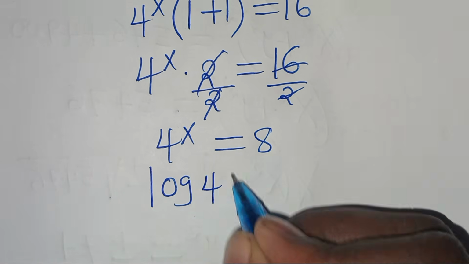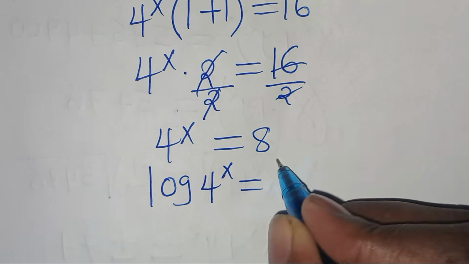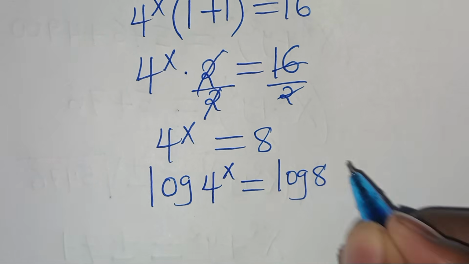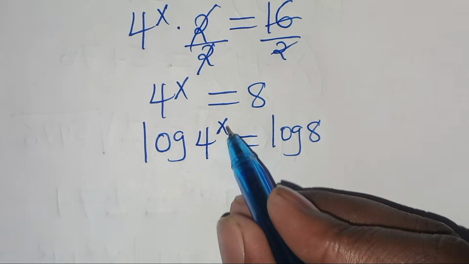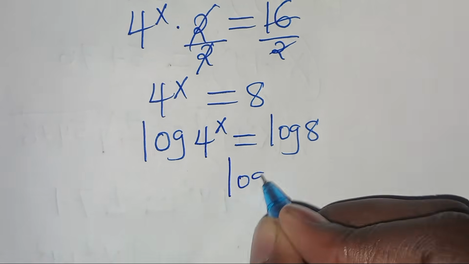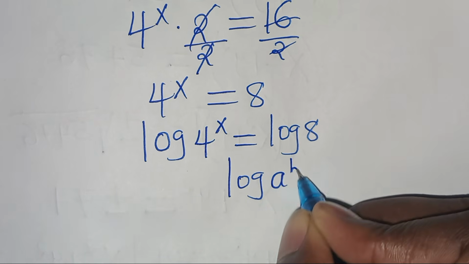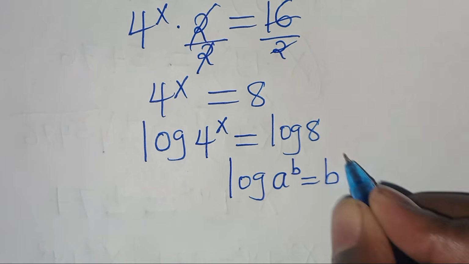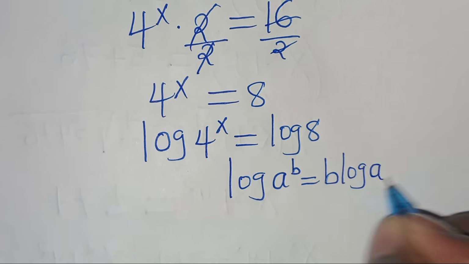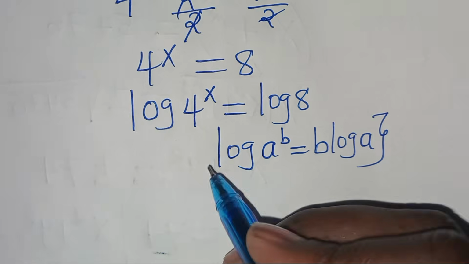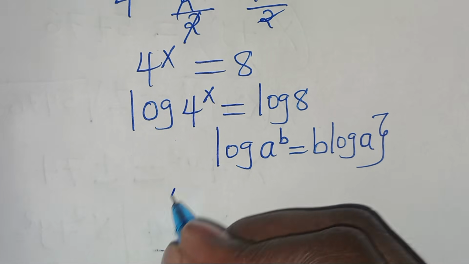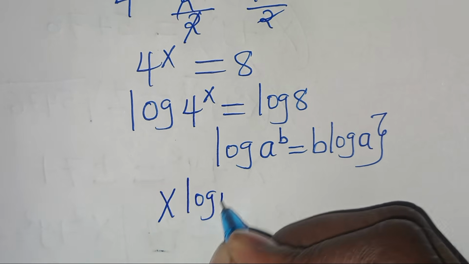We have log 4 to the power of x equal to log 8. Now, log 4 to the power of x is in the form of log a to the power of b, which can be expressed as b log a. Applying this power log property, log 4 to the power of x becomes x log 4.